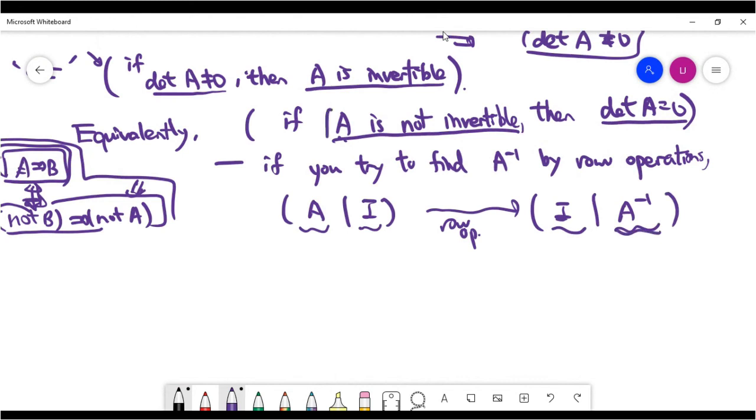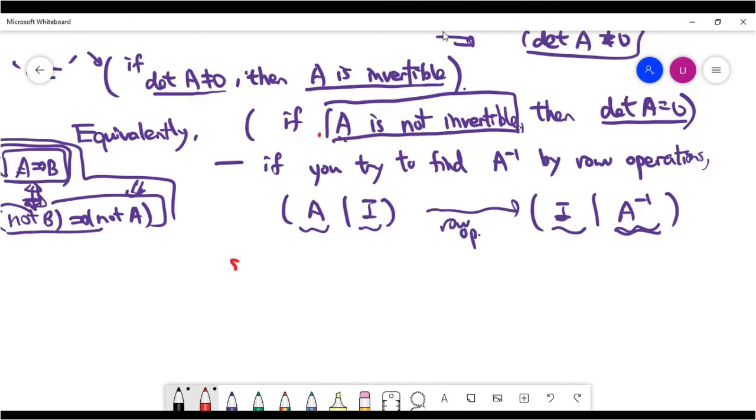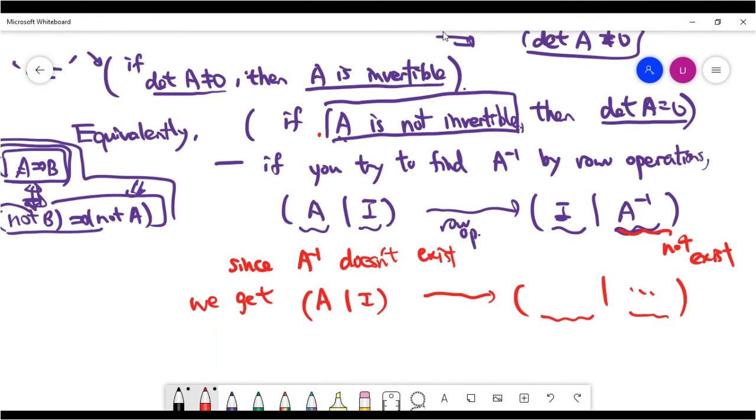But now we are assuming A is not invertible, so most likely we are not able to reduce the left-hand side to the identity matrix. It means we actually get a totally zero row.